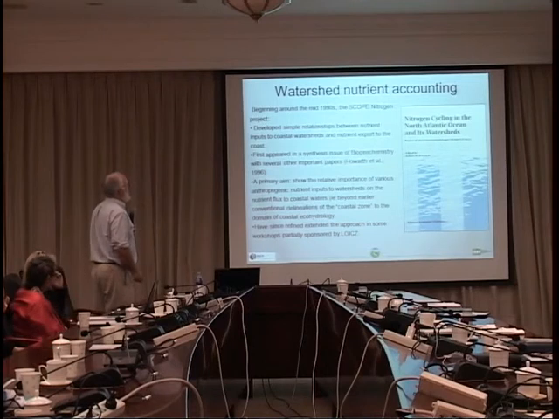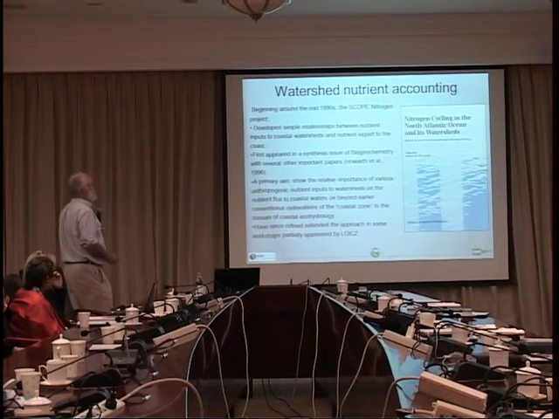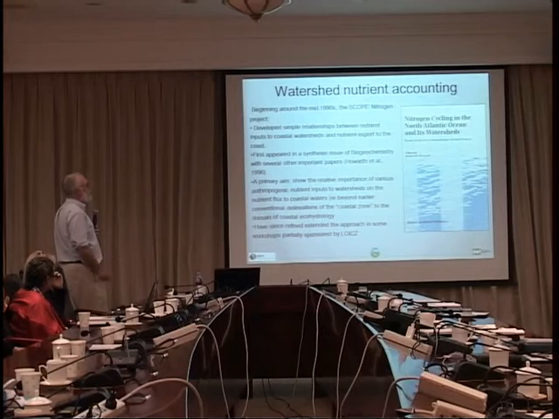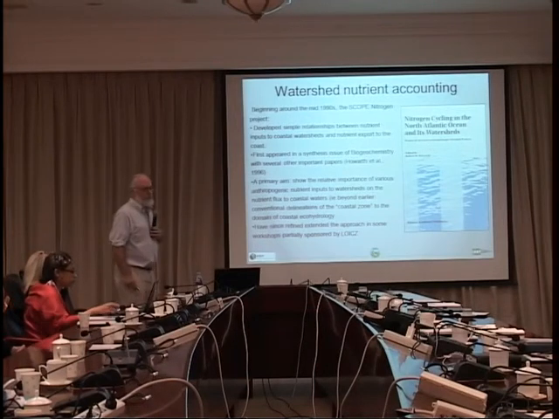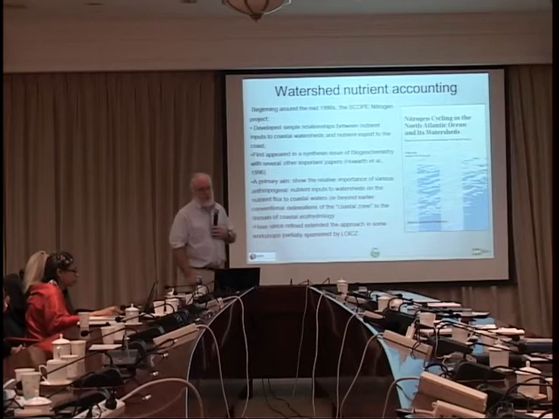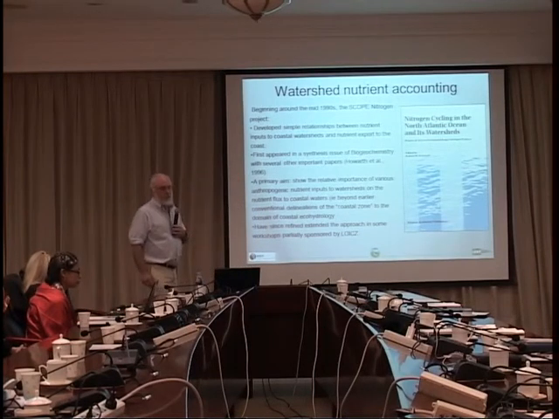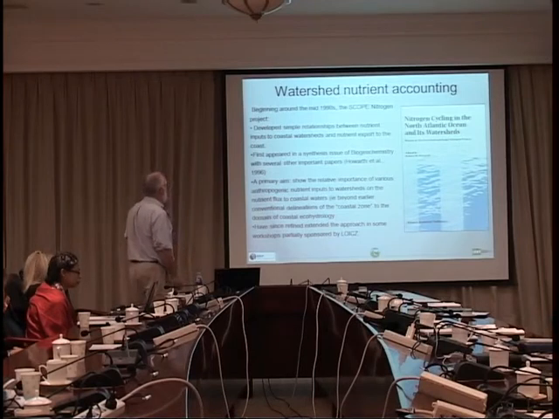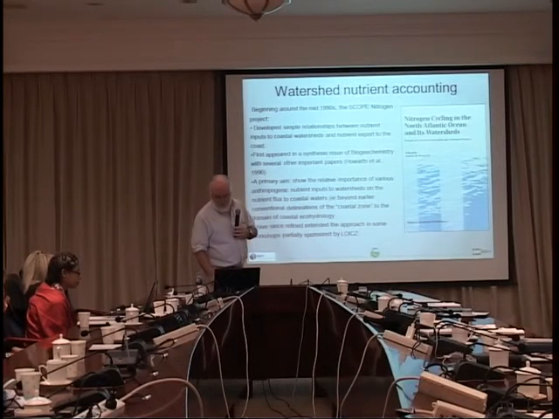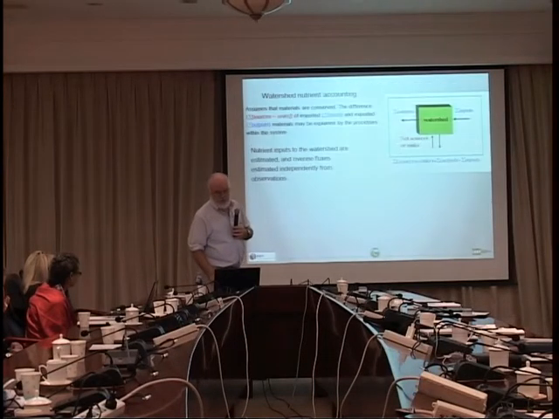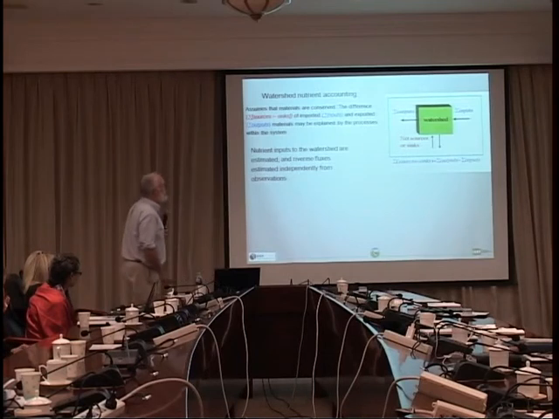It was, to the best of my knowledge, developed at a workshop on Block Island, which ultimately was published in this book, a special issue of Biogeochemistry in the 90s. The primary aim was to show the relative importance of various nutrient inputs to watersheds and their effects on riverine fluxes to coastal waters. And I'll just take you through this very quickly.